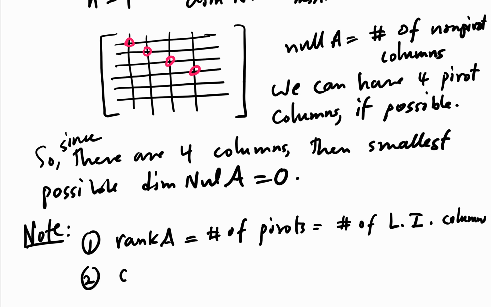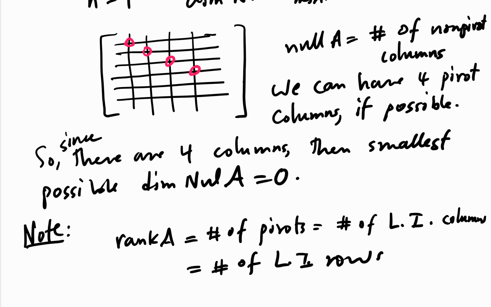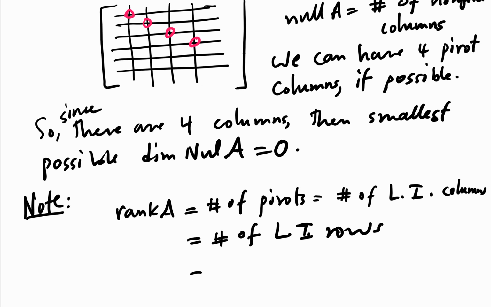The next one, or let me just put them as 1. That's the same as the number of linearly independent rows, and that's the same as the dimension of the column space of A, and the same as the dimension of the row space of A.